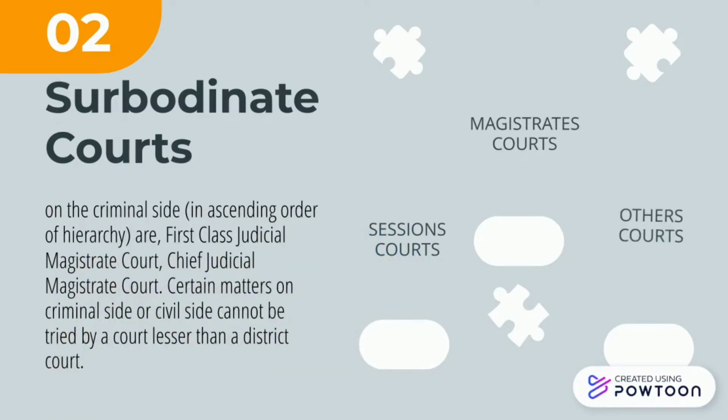Certain matters on the criminal side or civil side cannot be tried by a court lesser than a district court. These are examples of courts under the subordinate courts: magistrates courts, sessions courts, and other courts.